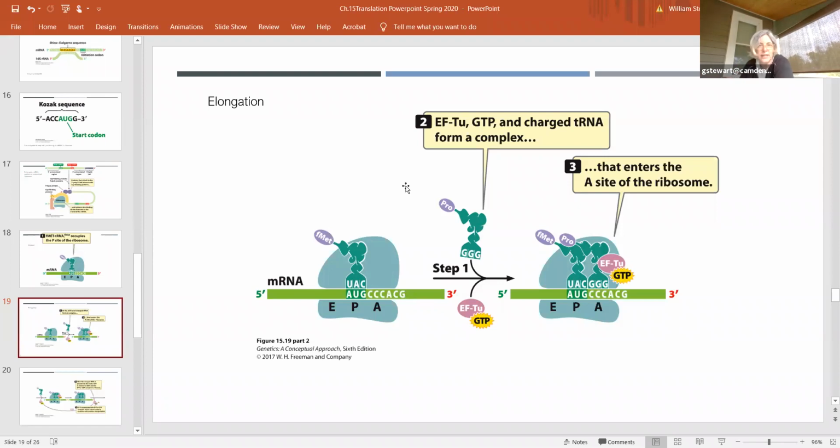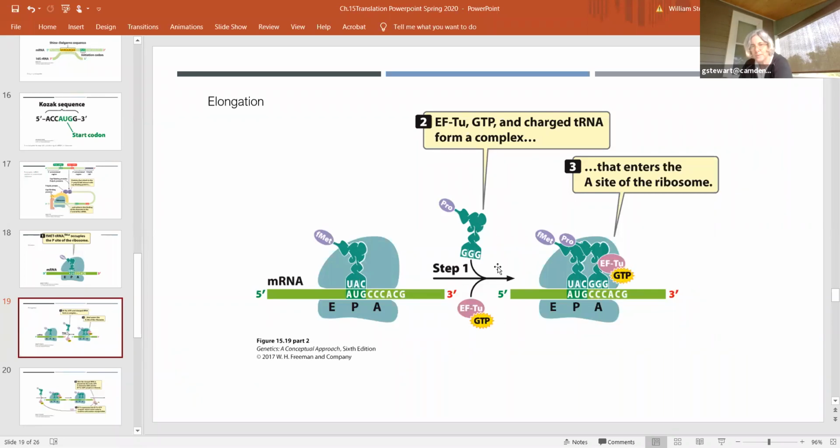This one here is called EF-Tu. EF-Tu is going to complex with another GTP, and they are going to guide that second transfer RNA in to fill the A site. So it doesn't just wander in there by itself.